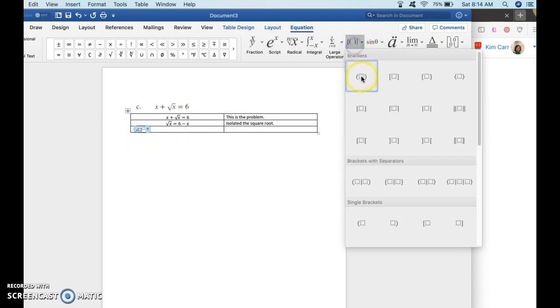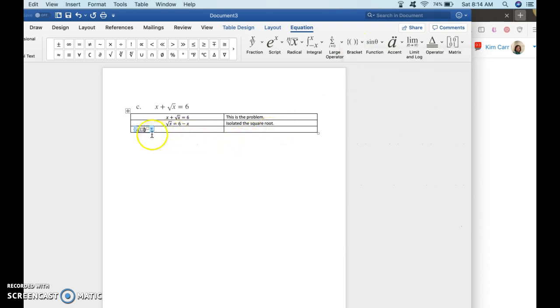I need my parentheses, and I need the square root of x in here. And it's going to be squared. And then I'm going to square again.